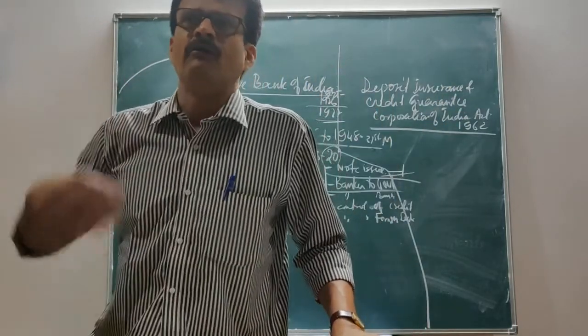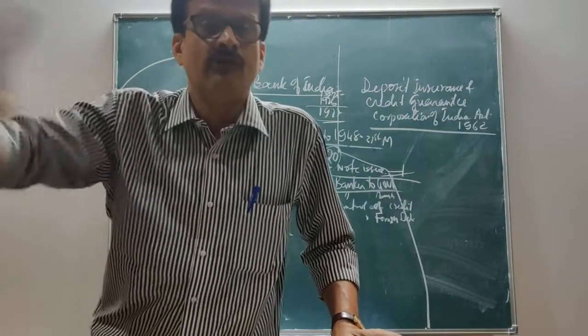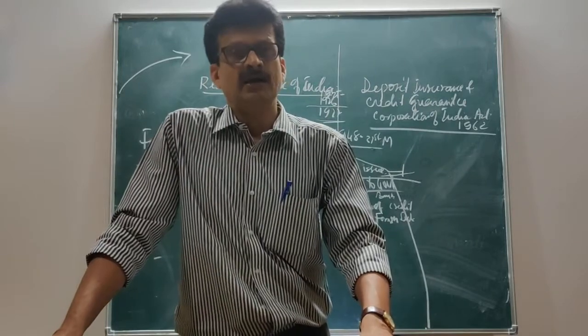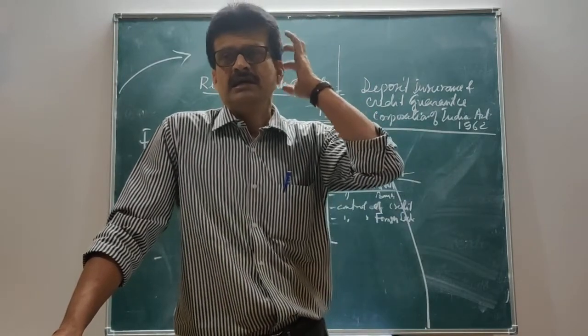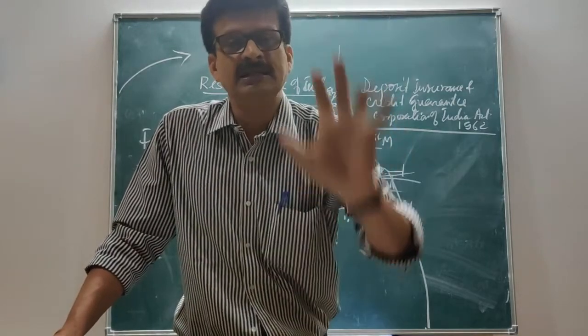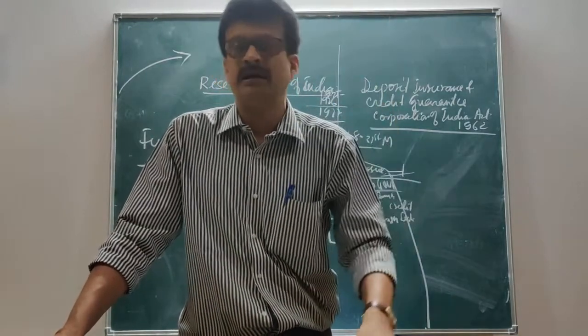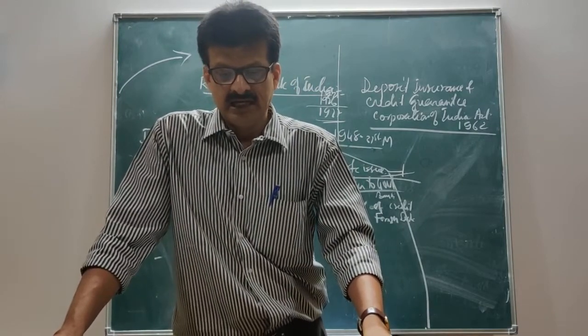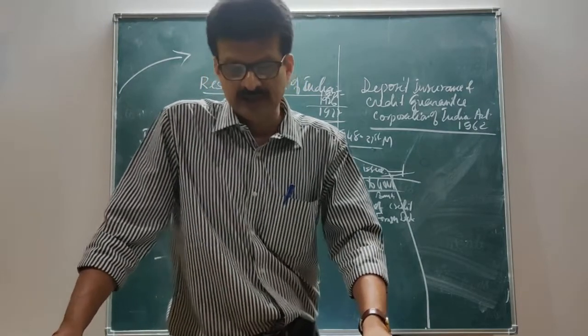Sorry, however big they may be, you should not go for clean advances. You are guided and bound by the sound principles of lending, because otherwise it will fall someday.